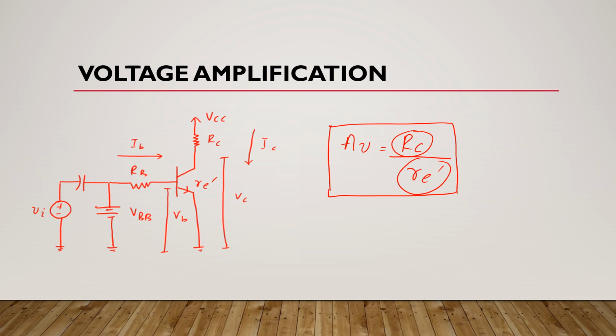The value of collector resistance is always larger than the value of AC emitter resistance, and the output voltage is at the collector terminal. It means the output voltage for this configuration is greater than the input voltage.